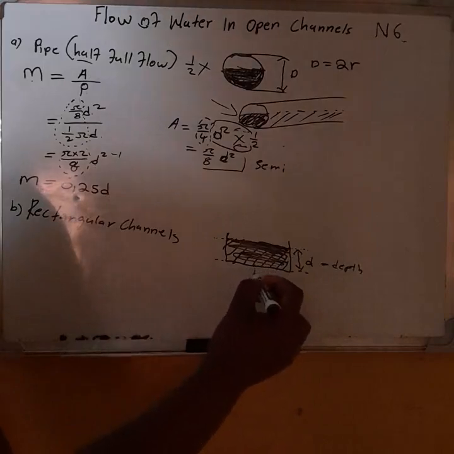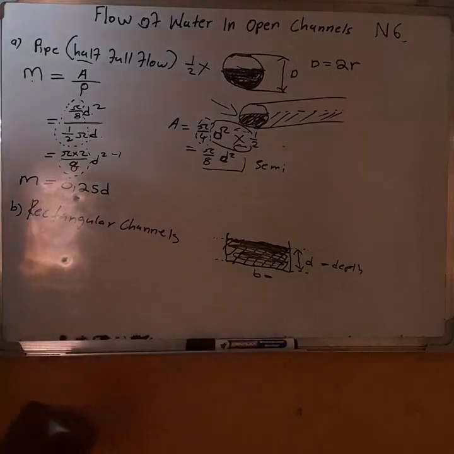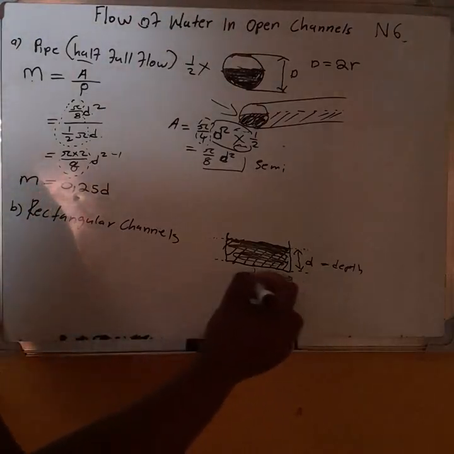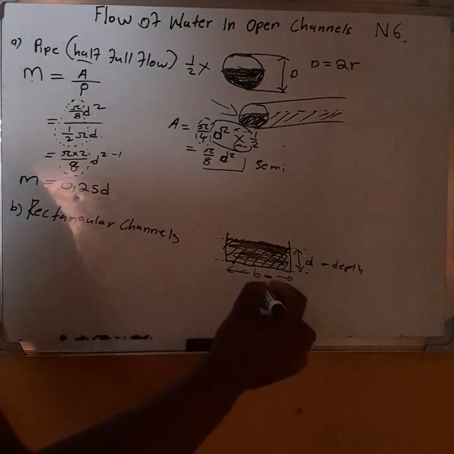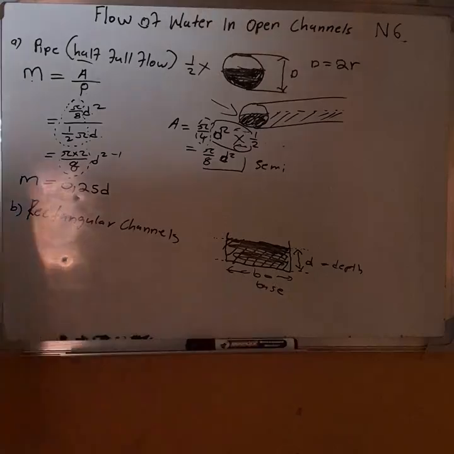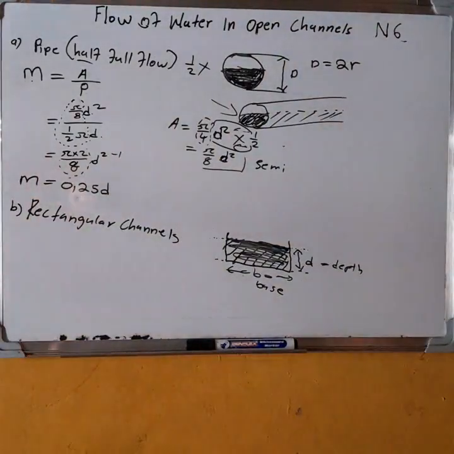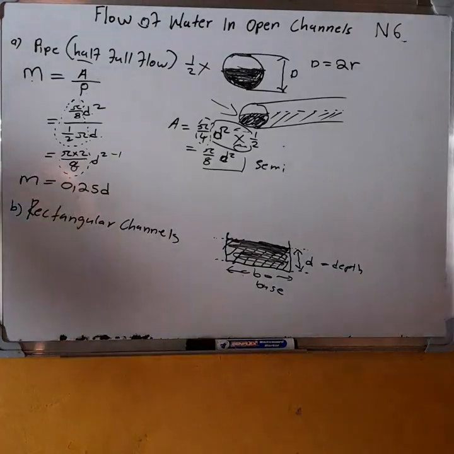Then here we have B, which is what? It's a base, from here until there. That is the base, right? From there until there, it's a base.